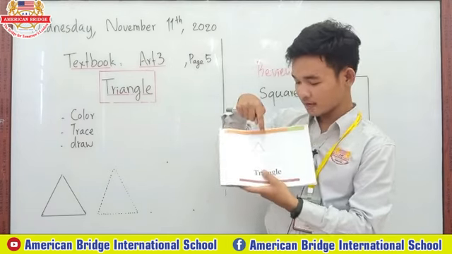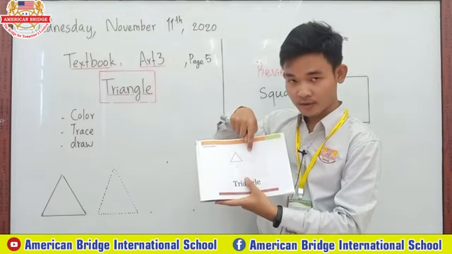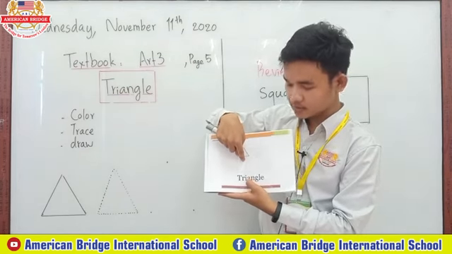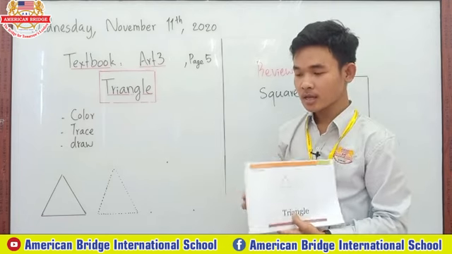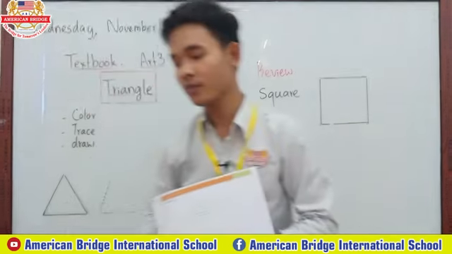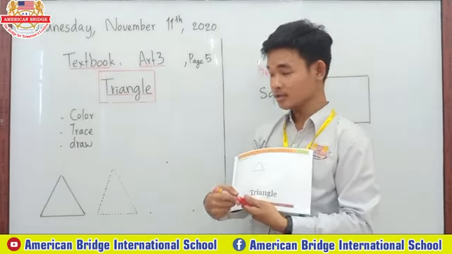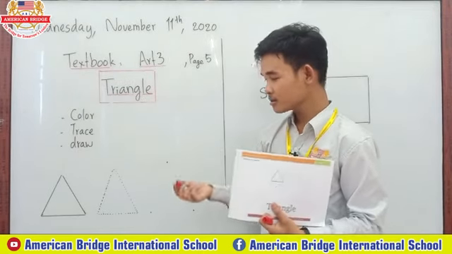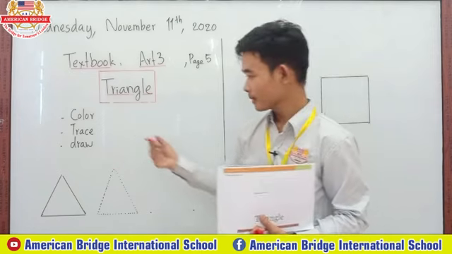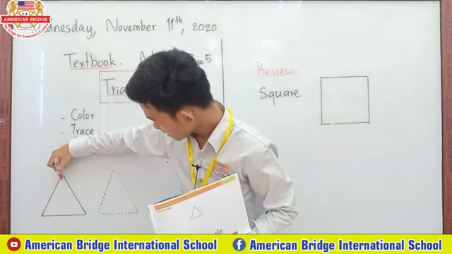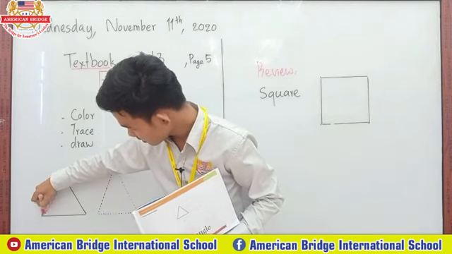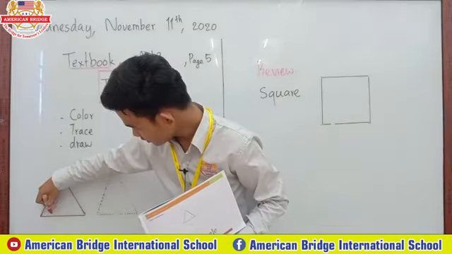So you have to color this, trace this, draw this, and then you make another triangle. So let's color with the teacher. I don't have any colors. I have only a marker, so I will color with a marker. So here, I have to color this. I can color something like this, because I don't have color.